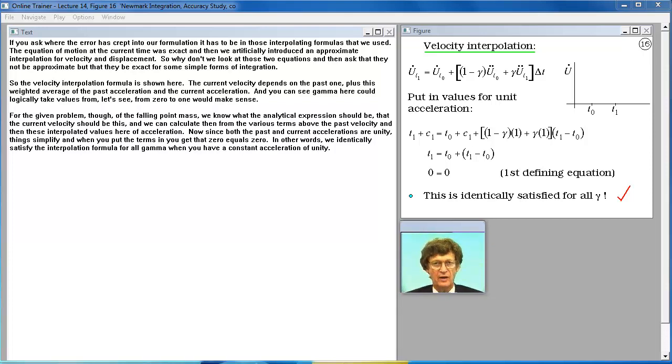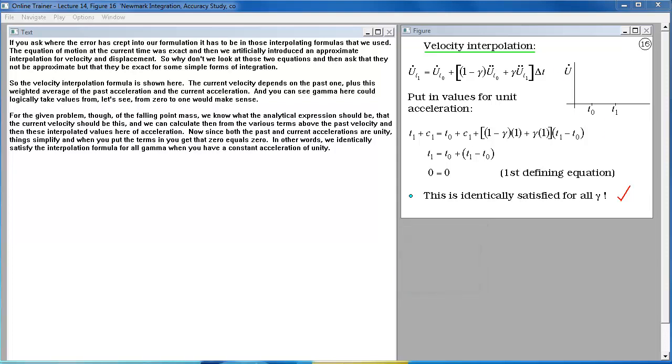If you ask where the error has crept into our formulation, it has to be in those interpolating formulas that we used. The equation of motion at the current time was exact, and then we artificially introduced an approximate interpolation for velocity and displacement. So why don't we look at those two equations and then ask that they not be approximate, but that they be exact for some simple forms of integration.